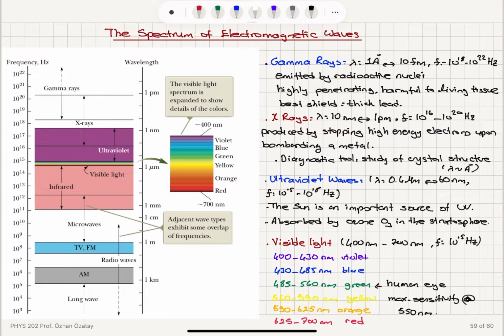Then we have the visible spectrum, visible light. 400 to 430 nanometers wavelength is violet.